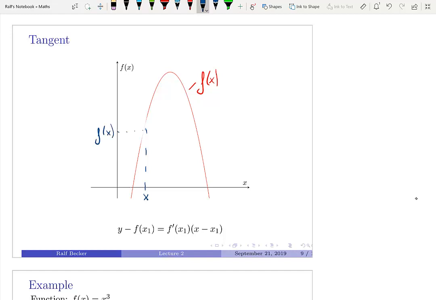So here we have a function f of x, and at some point x, that function will take a particular value, and here's our tangent to the function at that point.